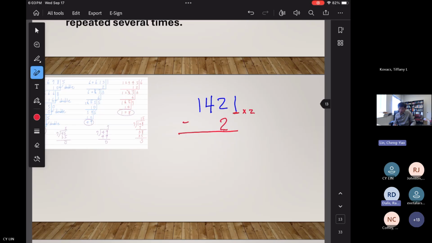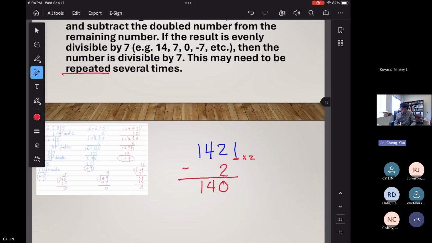Yes. So we have 142 minus 2, we got 140. But 140, the number is still big. We still don't know if it is divisible by 7 or not, right? So we have to continue and repeat it several times.